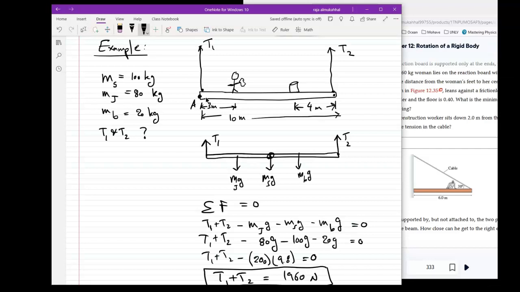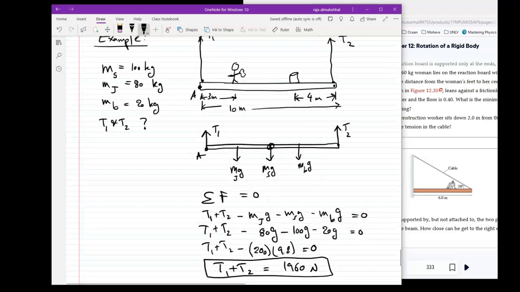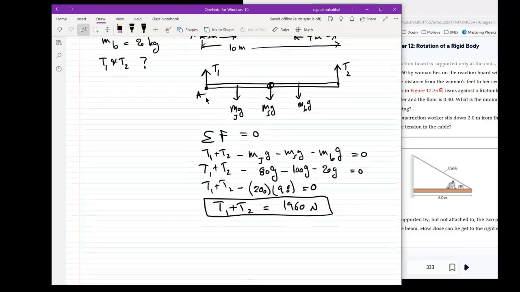So I'm going to take the torque about A. What that means: sigma tau about A equals 0.